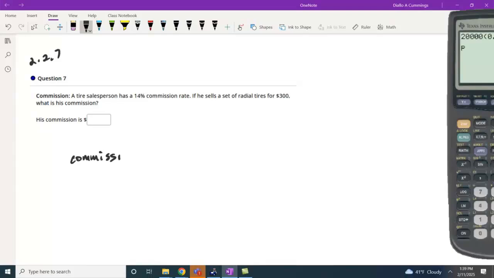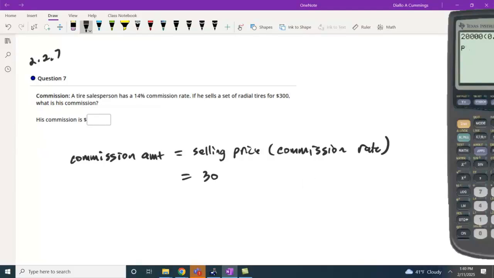The commission amount, that's equal to the selling price times the commission rate. So the selling price, he sold the tires for $300. He has a commission rate of 14%.